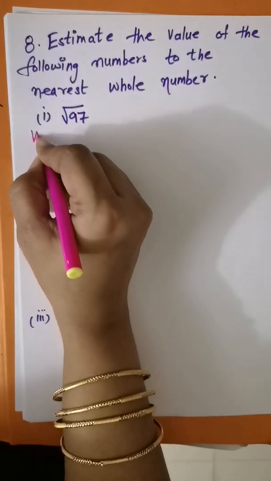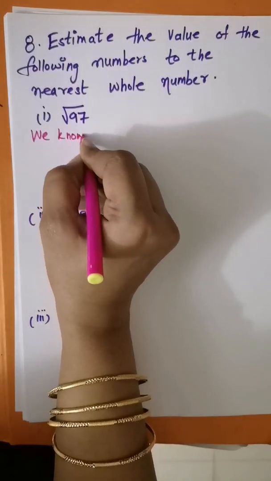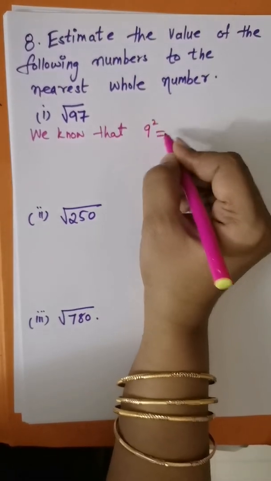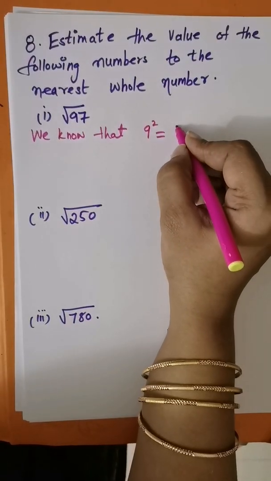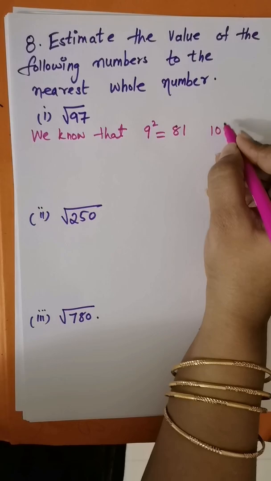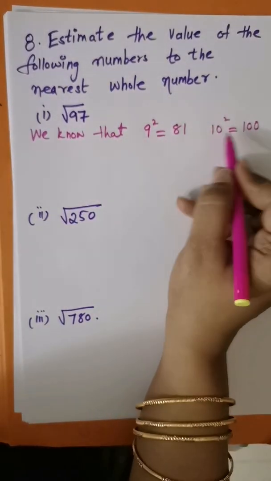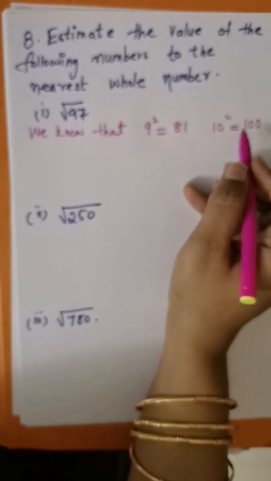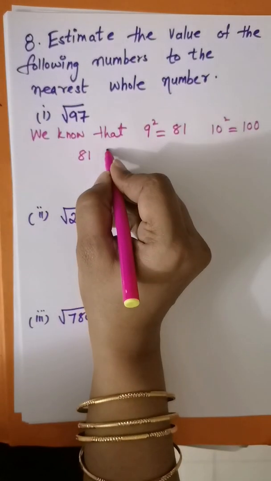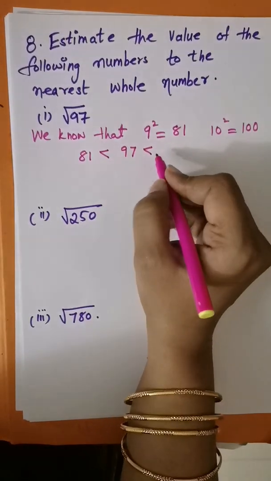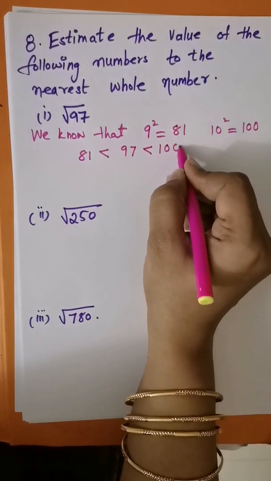We know that 9 square, that is 9 nines is 81, and 10 square, 10 tens is 100, and 97 is lying between 81 and 100. 81 is smaller than 97, and 97 is lesser than 100.